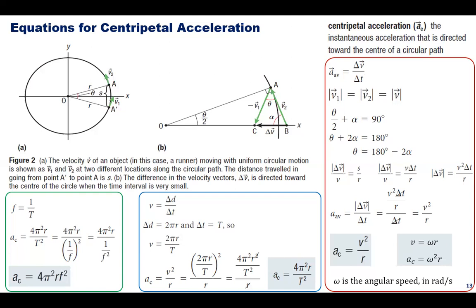Then reverse v1 so that v1 becomes negative v1. And then place the tail of vector negative v1 at the head of vector v2, so that the sum of the vectors is delta v, which points toward the center of the circle.